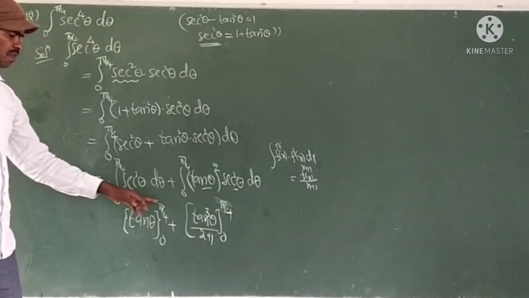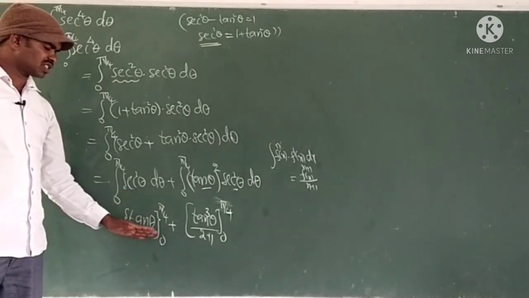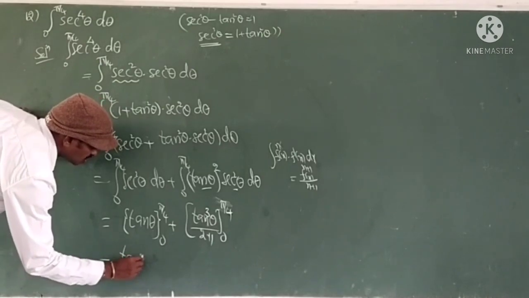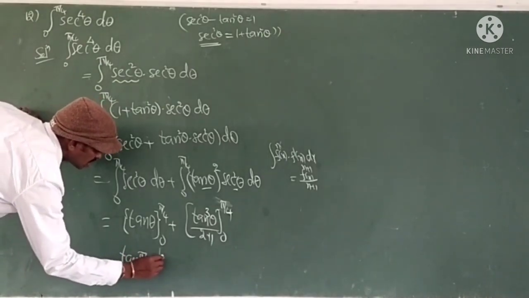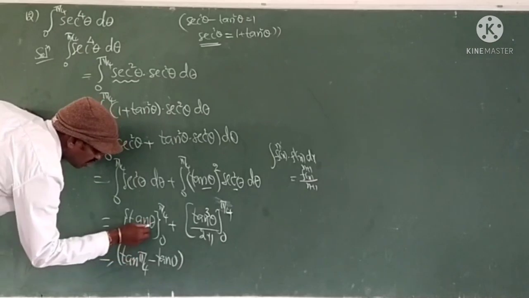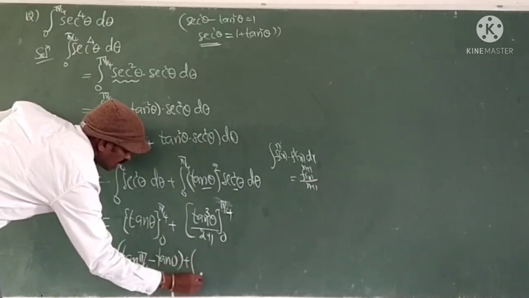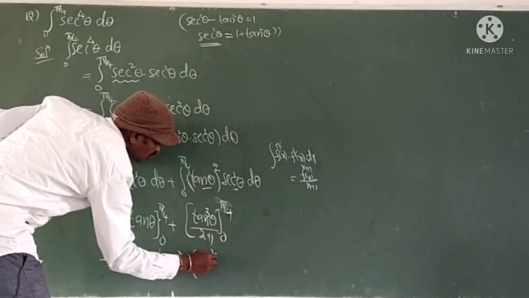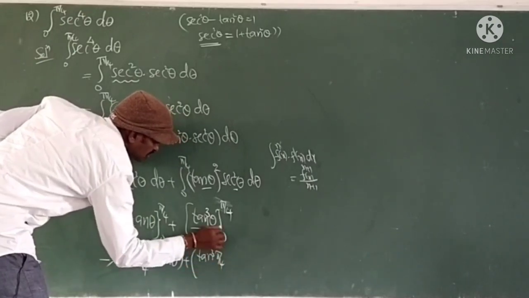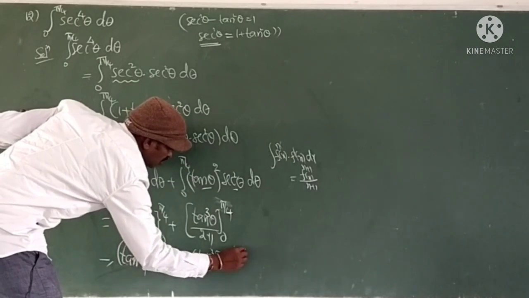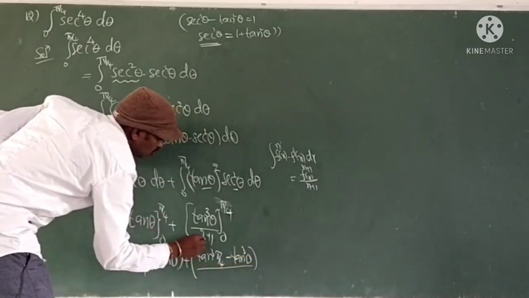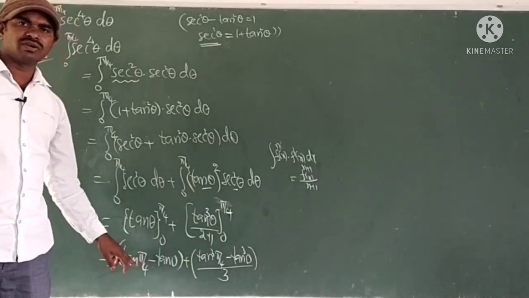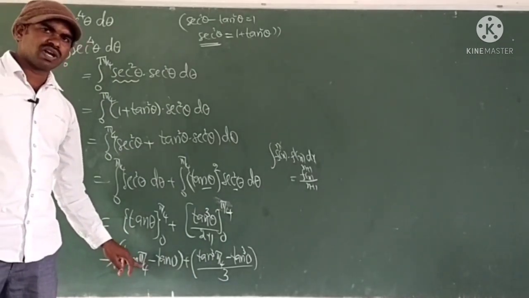Now substitute pi by 4 first and then substitute 0. So it equals tan pi by 4 minus tan 0, plus tan cube pi by 4 minus tan cube 0, by 2 plus 1, that is 3. Tan pi by 4, that is tan 45, is 1, very good.